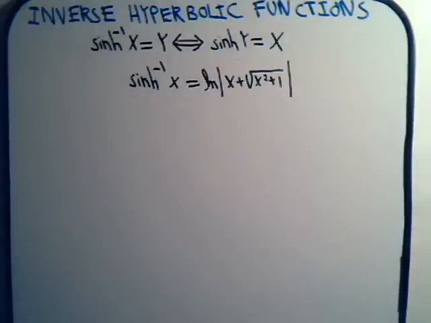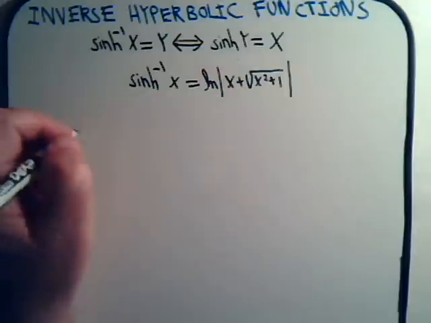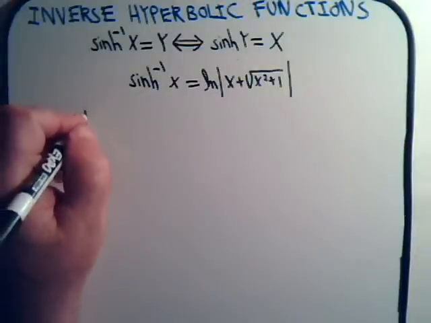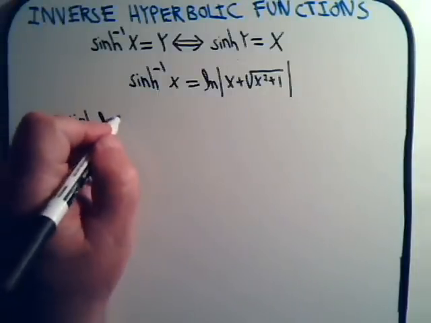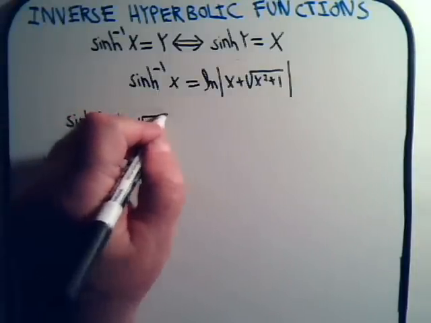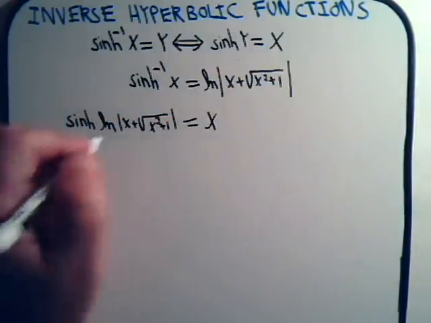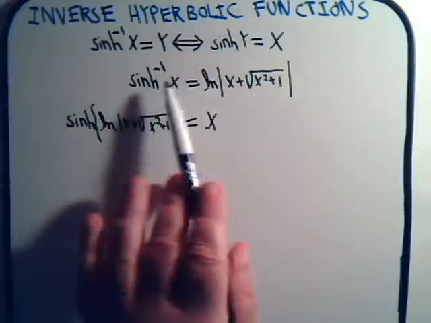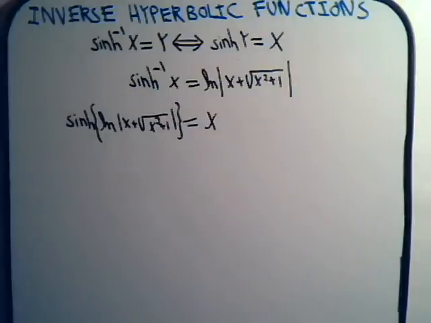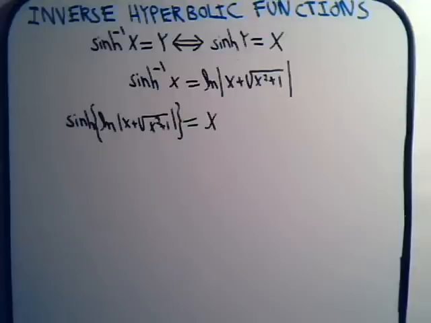And we closed out by noting that if this expression is true, if we take the hyperbolic sine of both sides of this equation, then the hyperbolic sine of this function here will have to become equal to x, if indeed this is a true statement. So we're going to go ahead and do this, take the hyperbolic sine of this function, and see if it does come out being equal to x.